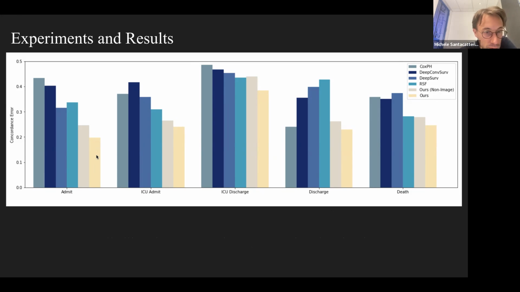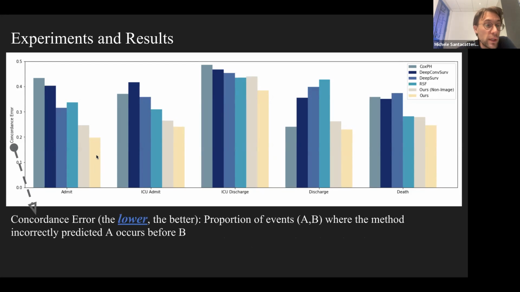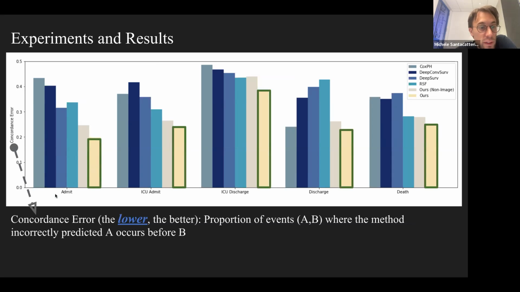We compare them with respect to the concordance error, which is the proportion of events where the method incorrectly predicted that A occurred before B. As you can see on the right here, for each of the events, hospital admissions, ICU admissions, and so on, we had the lowest concordance error, meaning that the lower the better. So we're doing good. And we also have an improvement when using images compared to not using images.